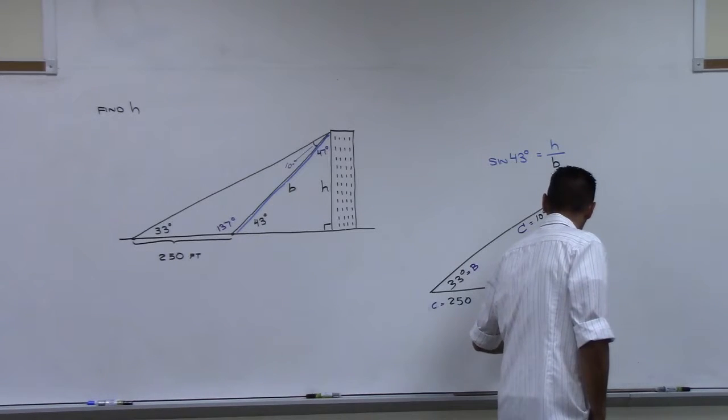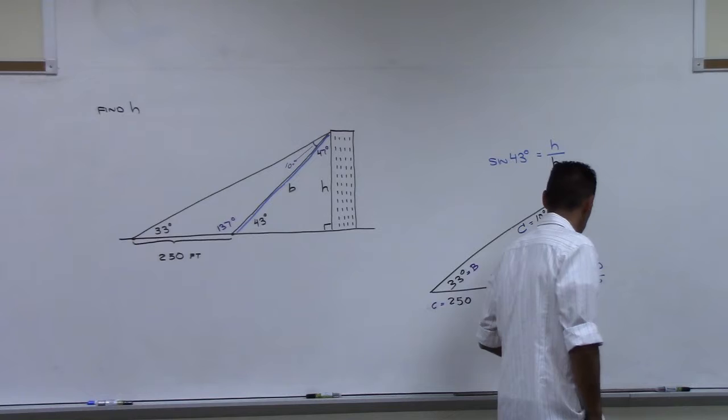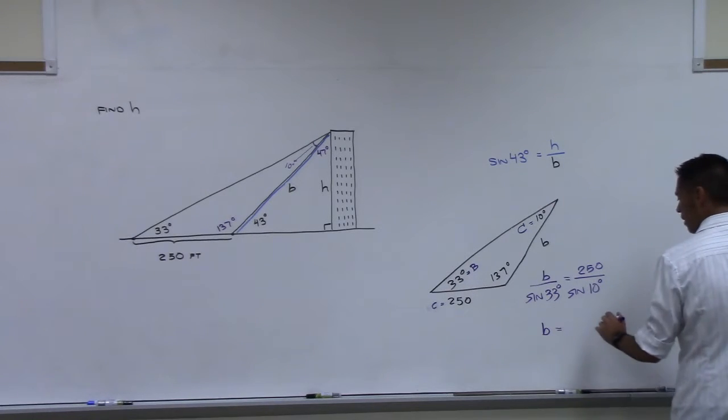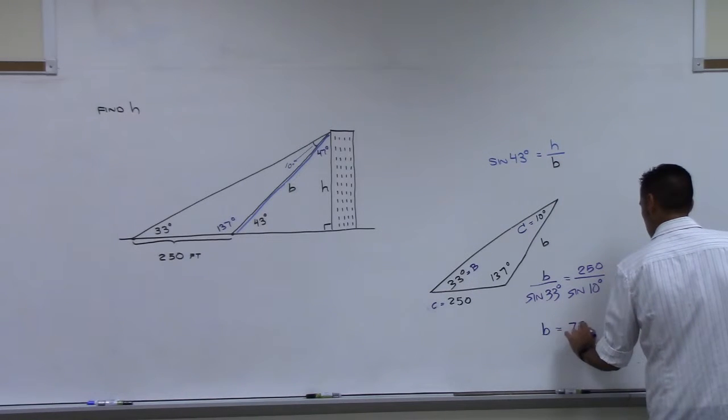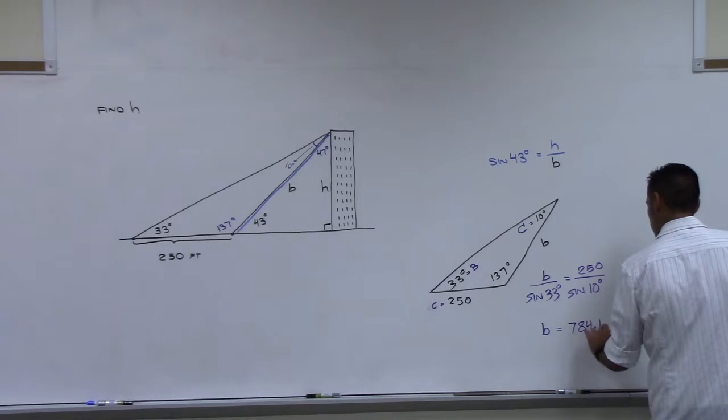Anyone? Little b yet? Yeah. What do you got? 784.11. 784.11. Anyone else? Yep.